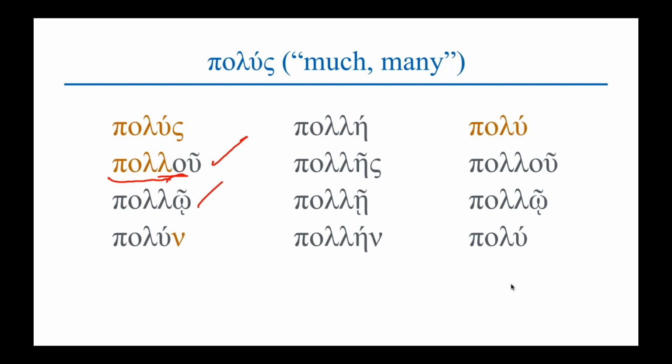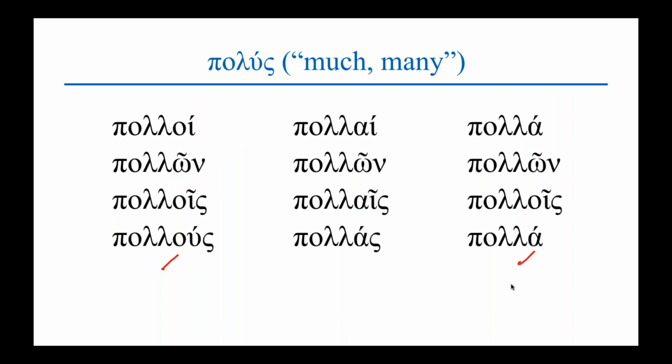There is a way to show how this happened. If anyone's interested, send me an email and I'll explain it. But it's really easier just to memorize that in the singular, you have here, here, here, and here, an upsilon.